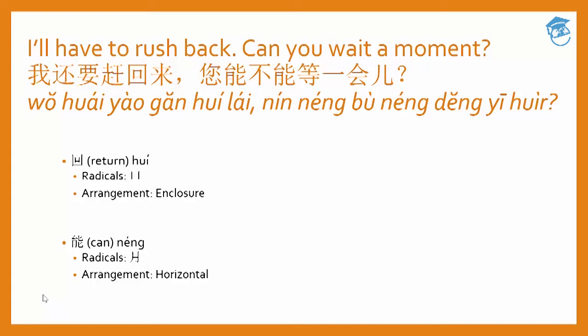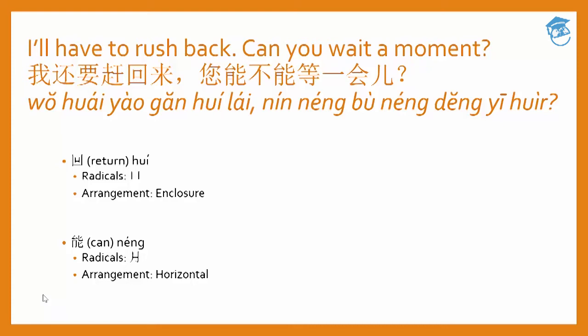Okay, and of course for this one you can also use 可以, which also means can. So in other words, if you want to say this sentence, you can say 您可不可以等一会儿? And then 等, as you have learned in the previous lesson, it means to wait.